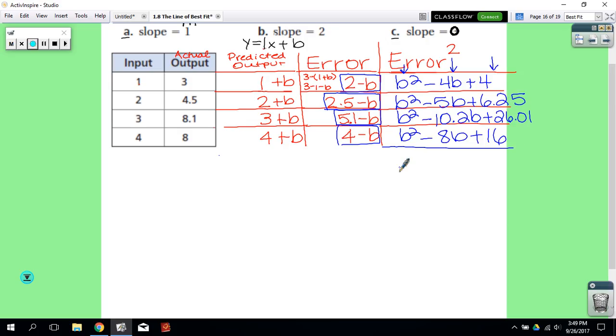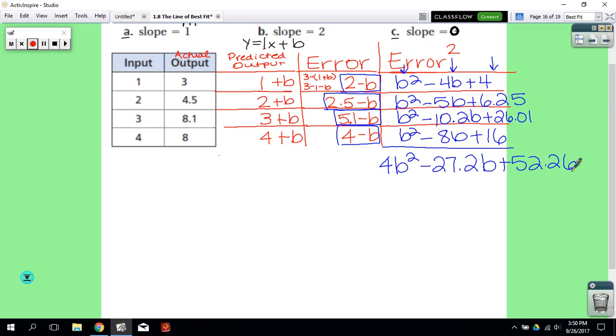So we get 1, 2, 3, 4 b squareds, negative 4 plus negative 5 plus negative 10.2 plus negative 8, I believe gives us, did I do something wrong? Negative 27.2b. Hopefully I did that right. 13, 14, 15, 16, 17, 27.2. And then plus over here, 52.26.